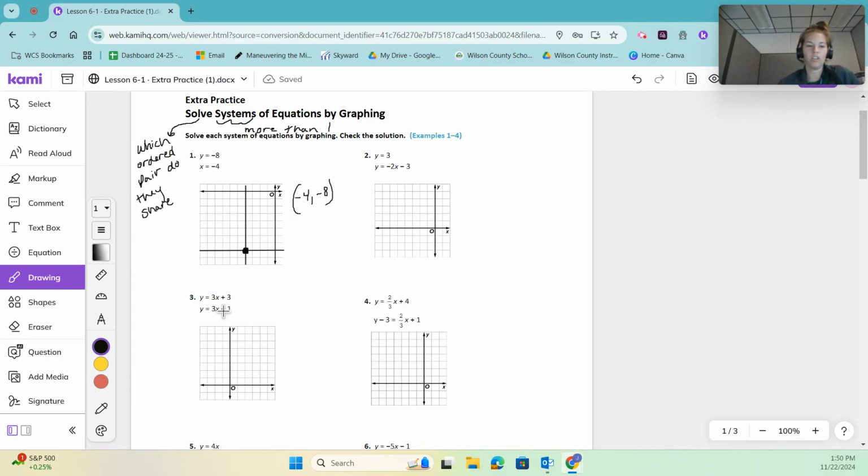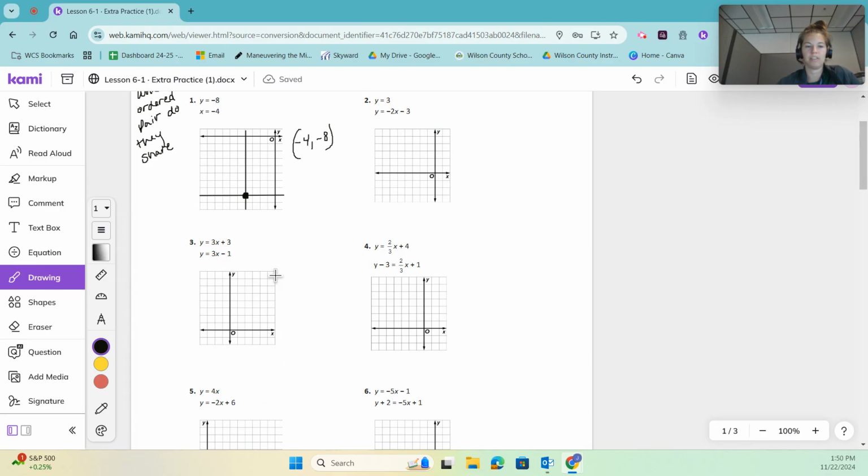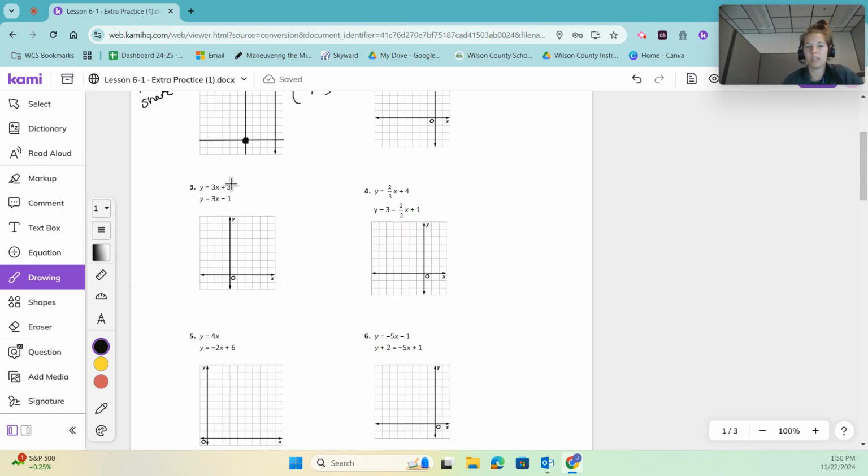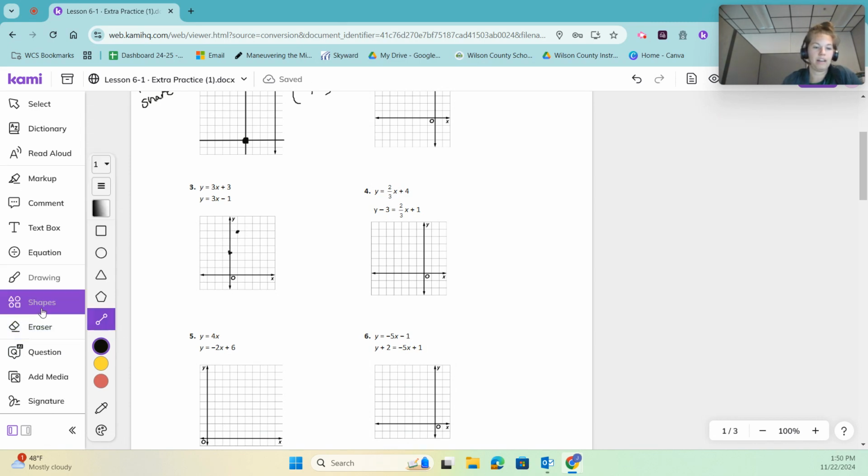Okay, so let's take a look at one just a little bit different here. We have y equals 3x plus 3, so 3 is my y-intercept, and I'm going to plot my point here. Then my slope is 3 over 1. So I rise 3 from my y-intercept, I go 1, 2, 3, over 1, and then I can draw my line.